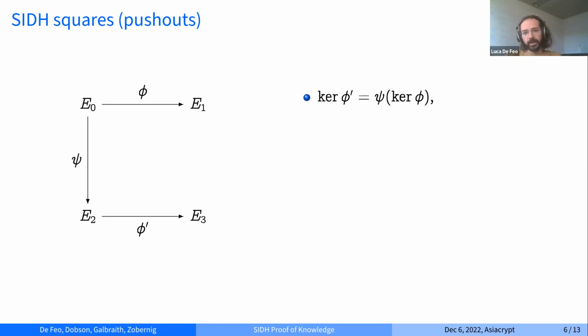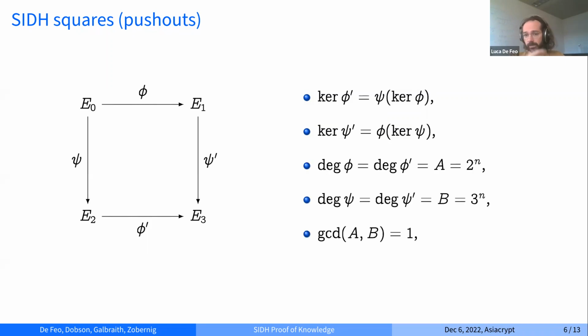When you do this, you can also push the other way. You can push psi through phi, and what you get is an isogeny psi prime, which is parallel to psi, and the diagram commutes. So this is the general construction of a push-out, and the case where it's most useful and most interesting for crypto, and that was used in SIDH, is where the degrees of phi and psi are co-prime, so I can call them capital A and capital B. You can think of them as being a power of 2 and a power of 3.